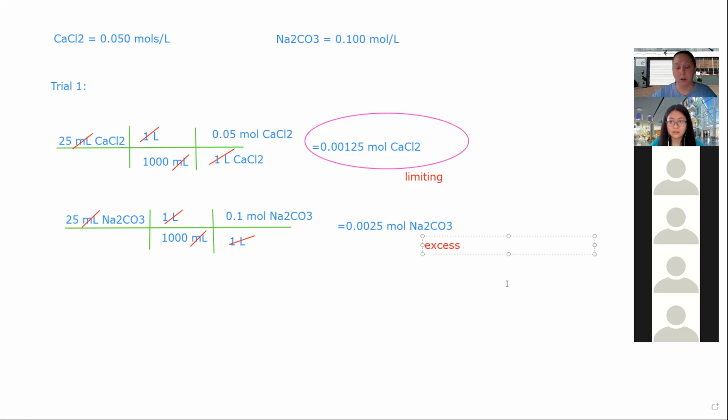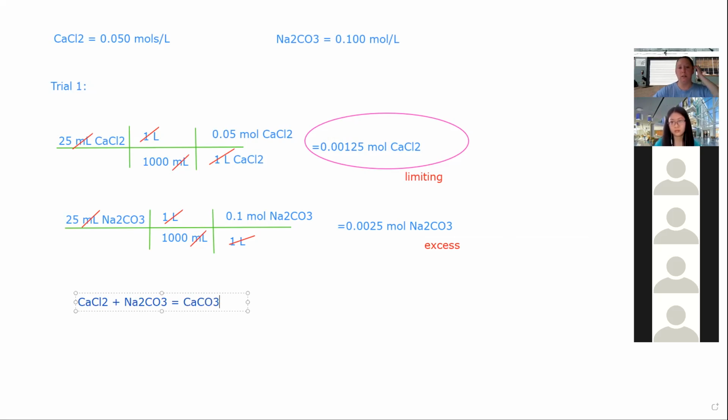Right, okay, so the moles of the limiting reagent will be used to calculate the theoretical yield. So our overall chemical equation is calcium chloride plus sodium carbonate makes calcium carbonate.